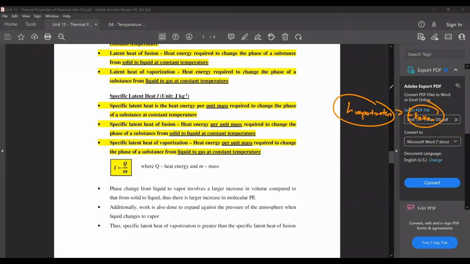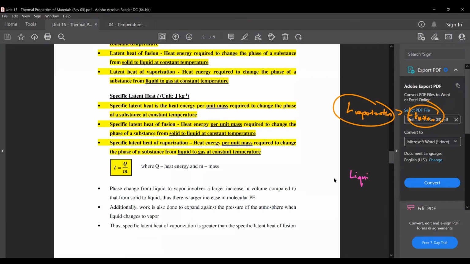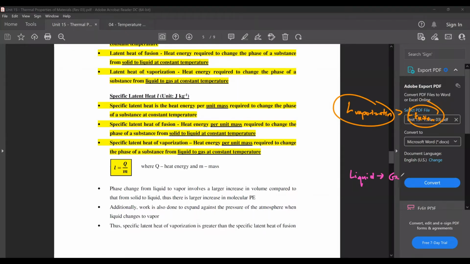So you can consider this when you're talking about liquid changing to vapor or gas. The phase change from liquid to vapor involves a large increase in volume compared to that of solid to liquid. Liquid to gas, you would have a larger increase in separation of your molecules, so a larger increase in volume.